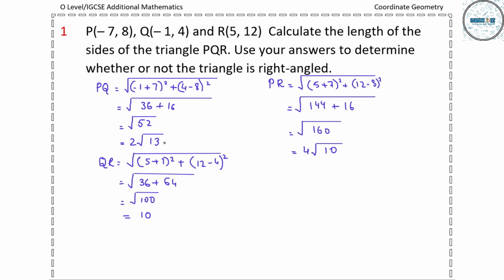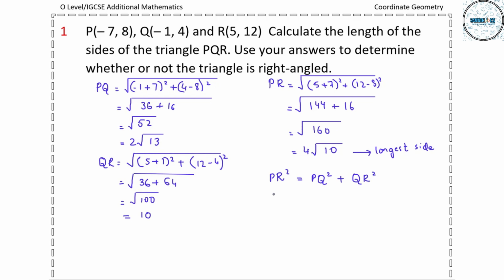So here the longest side is PR, so PR squared is equal to PQ squared plus QR squared.